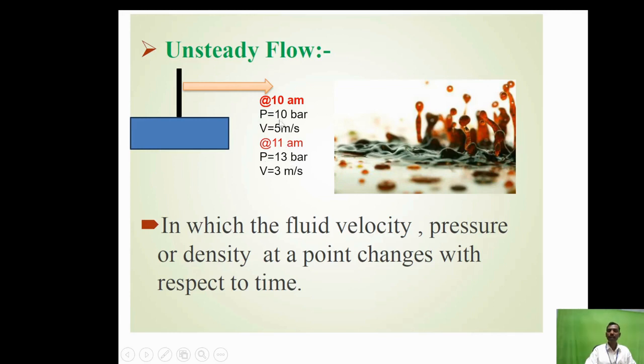So at 10 am the pressure is 10 bar, and at 11 am it is 13 bar. The pressure variation is there, and also the velocity is decreased. At 10 am, 5 meter per second, and at 11 am, 3 meter per second. So the velocity and the pressure, that is the fluid properties, vary with respect to time, and that is called unsteady flow.